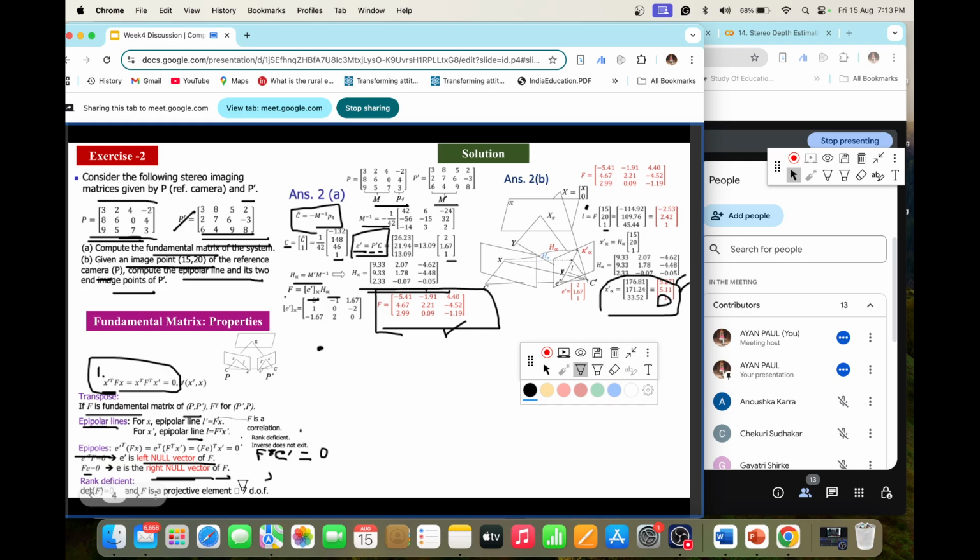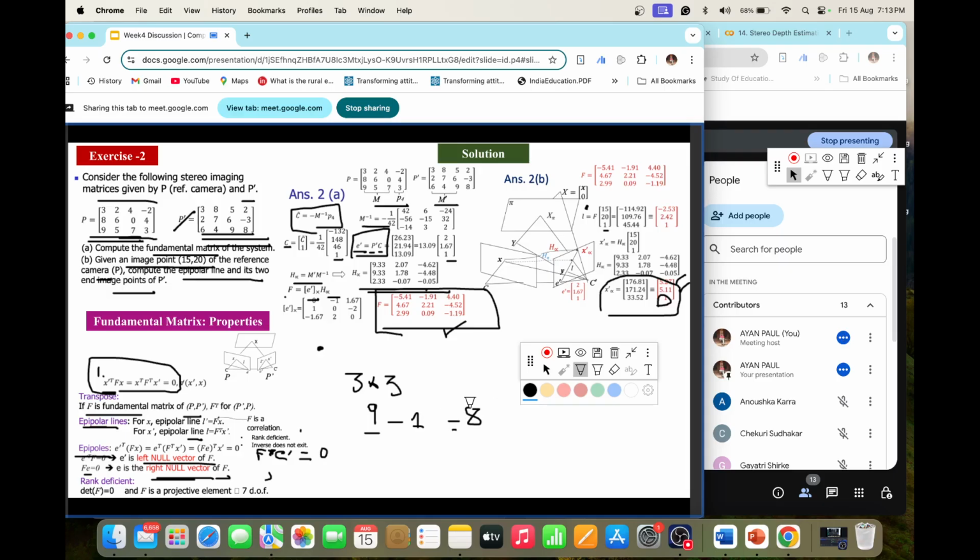Now we are left with the last property: what is the degree of freedom of the fundamental matrix. The fundamental matrix is a 3x3 matrix, so we have 9 total elements. Out of these 9, one element always goes for scaling, so 9 minus 1 equals 8. So 8 should be the degree of freedom.